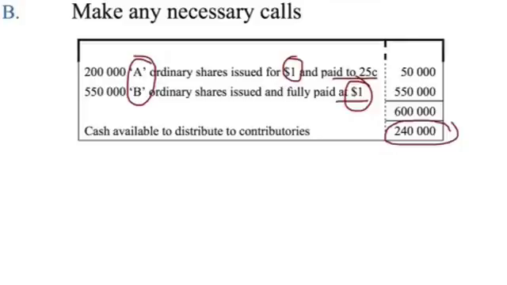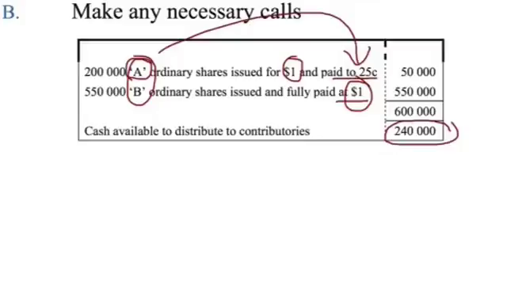And in this scenario, we sit with an A category shareholder that has only paid 25 cents, so 25% of the share issue price. It is common practice to include a stipulation in the company's constitution that shareholders are liable up to the amounts unpaid on their shares.